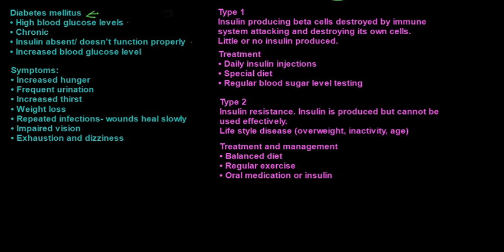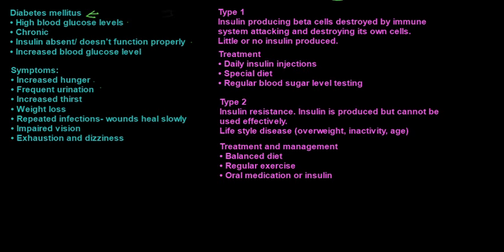So what are the symptoms that you can experience with diabetes? There'll be an increase in hunger, frequent urination, especially at night, increased thirst, always thirsty, can never have enough water. There'll be weight loss, repeated infections, so wounds heal slowly as well, impaired vision, exhaustion, and dizziness. These are all symptoms associated with diabetes.